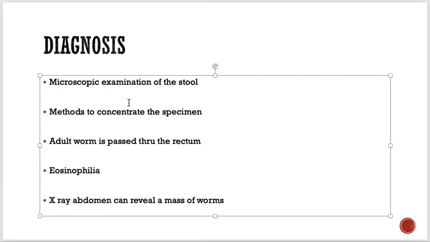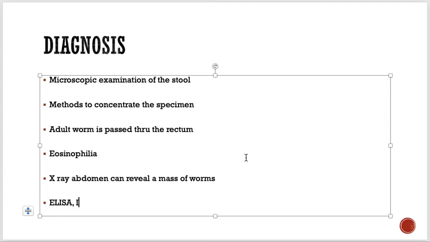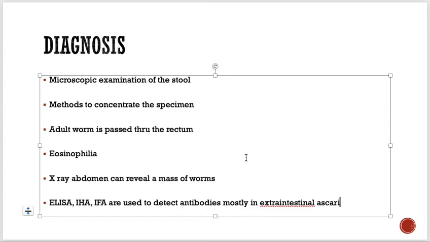We can detect their eggs, their larva, or the adult worm. To talk about antibodies, ELISA and IHA are used to detect antibodies, mostly in extra-intestinal ascariasis. So these things can be used.